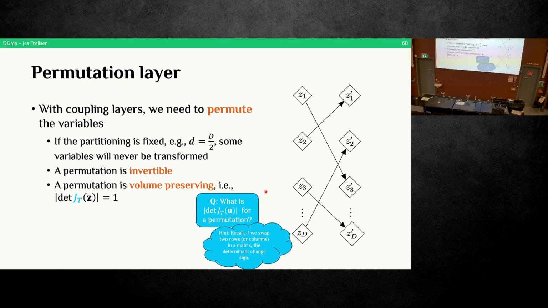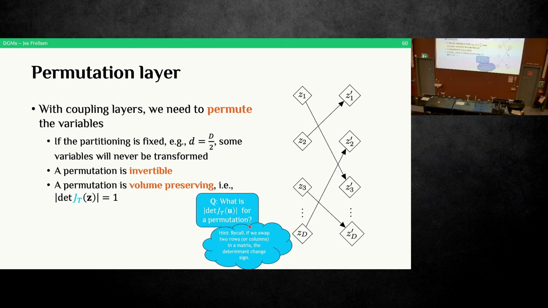You only have a single 1 in each column and each row. And then we can use this trick from linear algebra, that if we swap 2 rows or 2 columns in a matrix, then the determinant just changes sign.